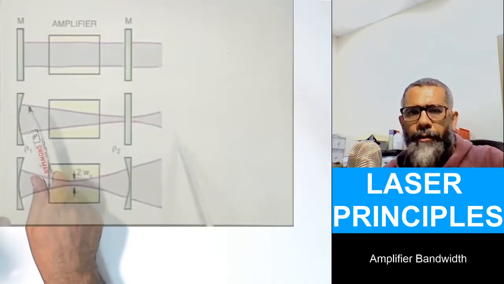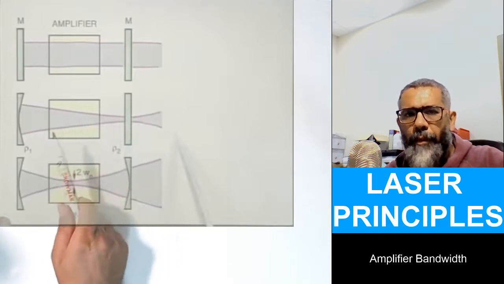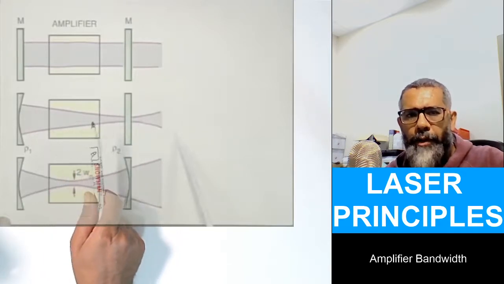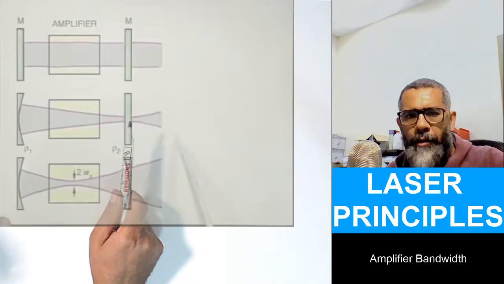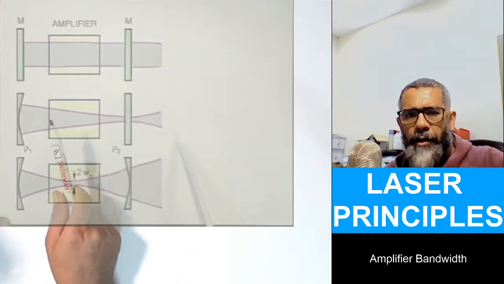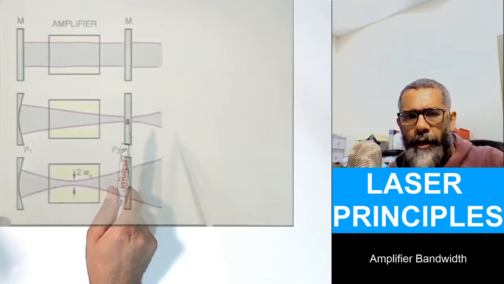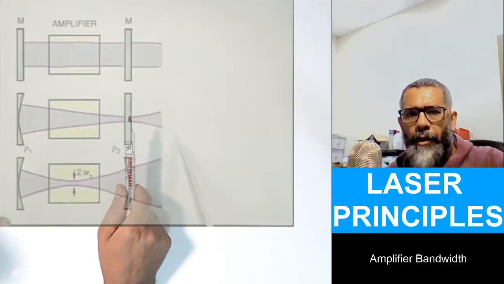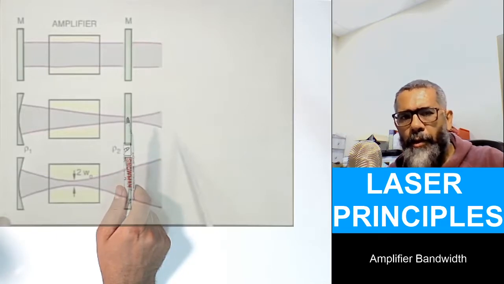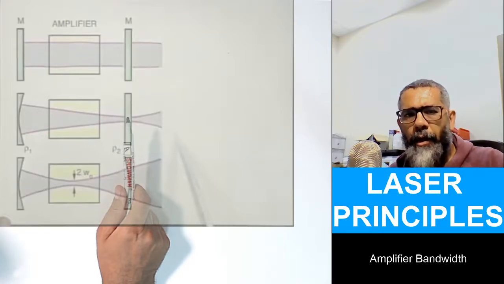It gets focused at some point, and the laser intensity gets higher and higher, right at this second mirror, and through this mirror it gets out, because this point is the smallest diameter, or spot size, of the laser.